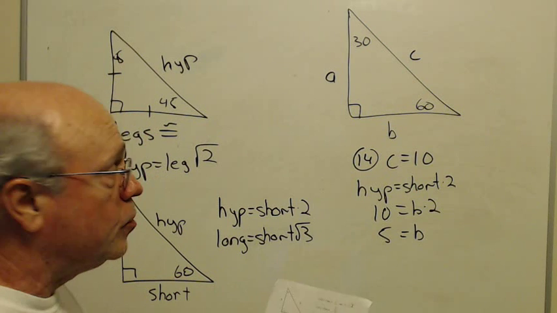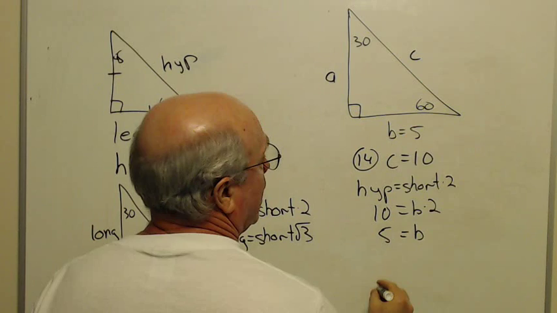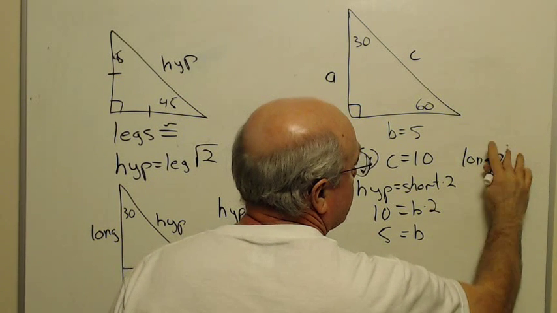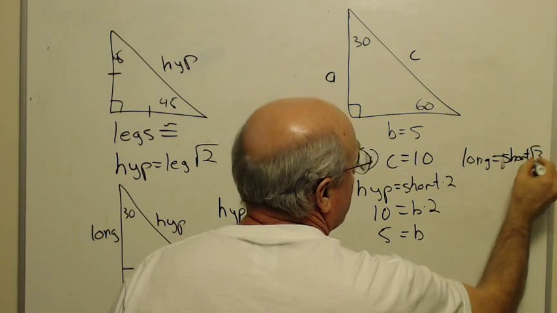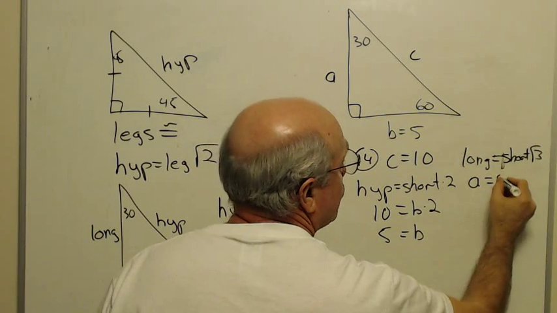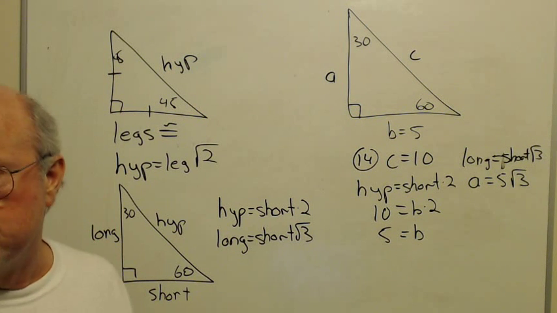But we had to do them out of order here because we needed to find this 5 first. Once we have that, now we can use the rule long equals short square root 3. And that will be A, because it's across from the 60 is long, equals short, that's 5 square root 3. And we're done with that guy.